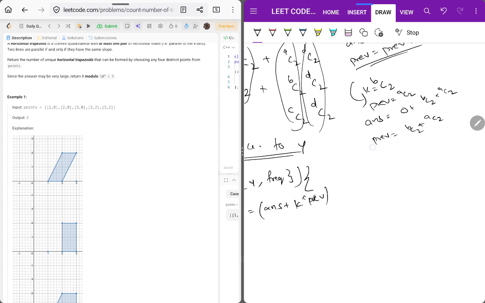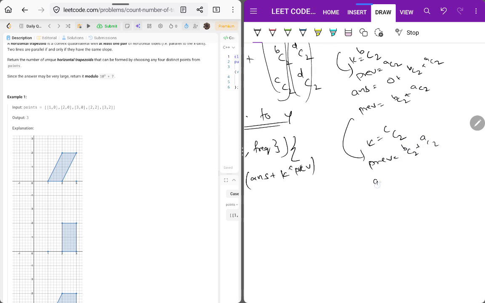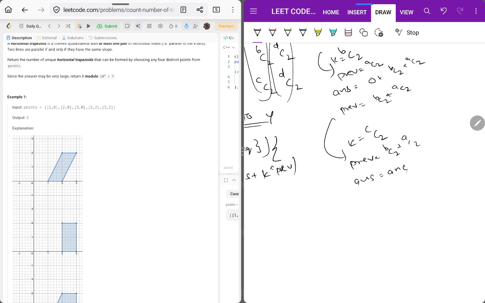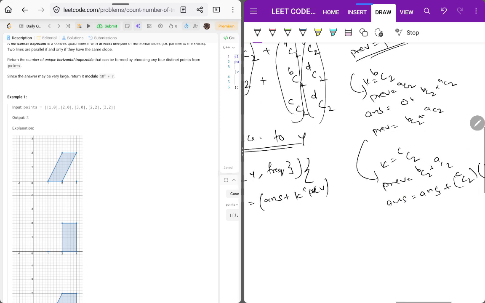In the next iteration, k will be CC2. Now answer will be whatever the answer was before, which is BC2 into AC2, plus CC2 into BC2 plus AC2.